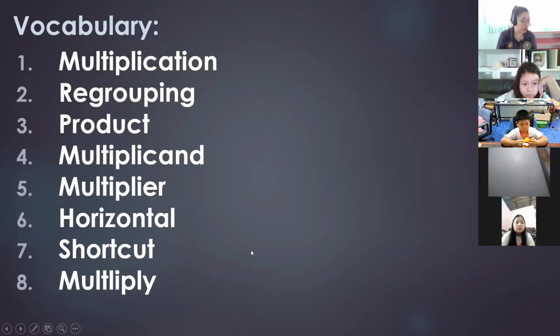These are the vocabularies that we're going to encounter as we move on to our discussion for today about our topic, multiplication without regrouping.